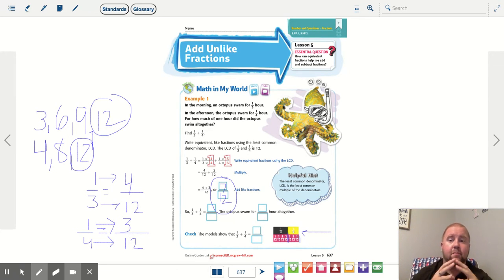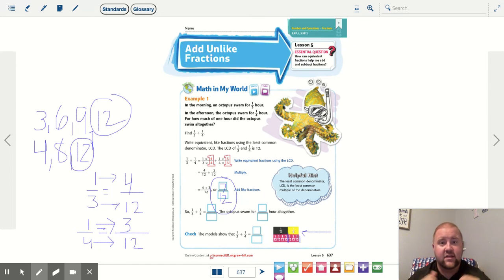Okay, that's the biggest thing for me when I'm looking at these models to help me to understand it. Because just adding 1/3 and 1/4 to give me 7/12 seems very crazy. But when I look at the models, it really does make sense as to why we make an equivalent fraction to add them together, because you can only add and subtract things that are the same, right?